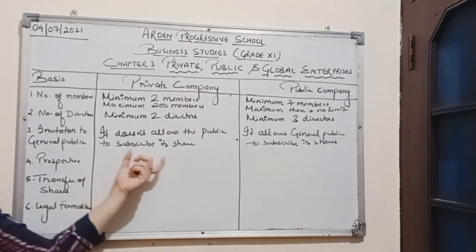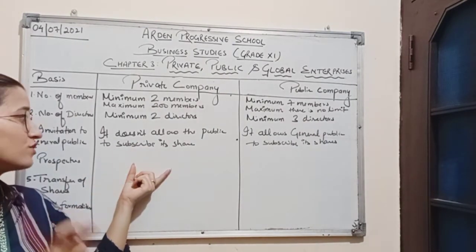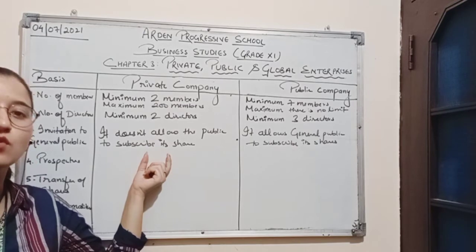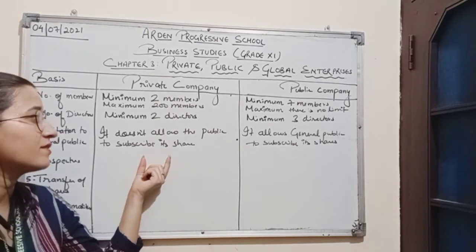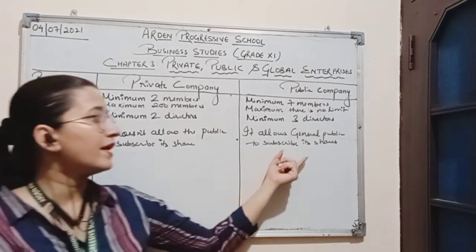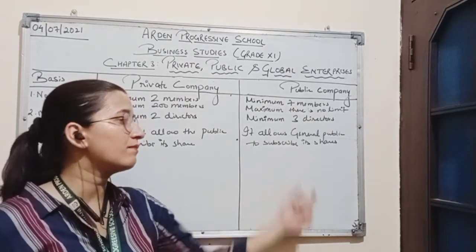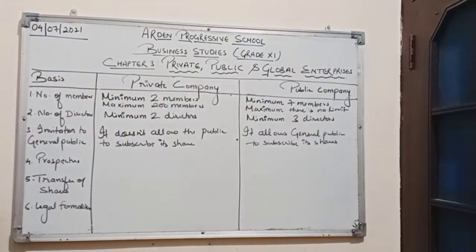So a private company does not allow the general public to subscribe its shares or debentures or public deposit, whereas a public company allows the general public to subscribe its shares.